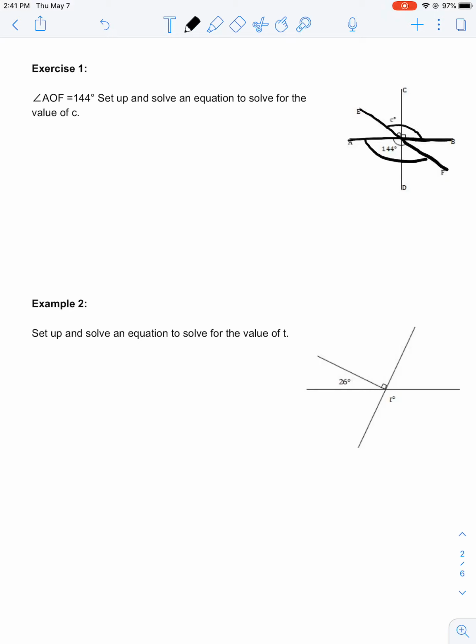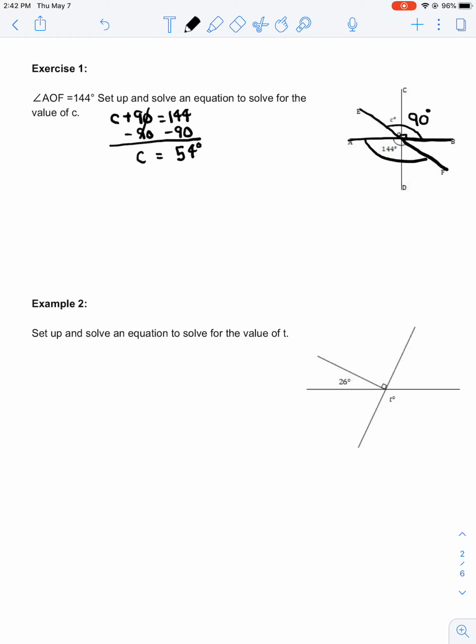We also notice that this box right here is our 90-degree angle. So if we want to find out what C equals, we can say C plus 90 equals 144 degrees. So I can subtract 90 from both sides. And we then have C equals 54 degrees.